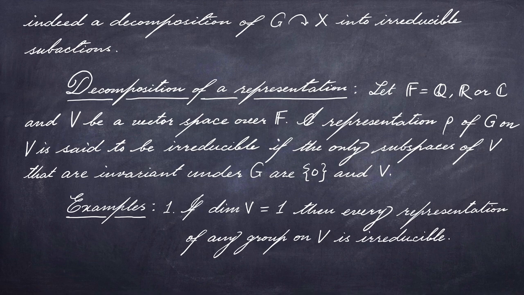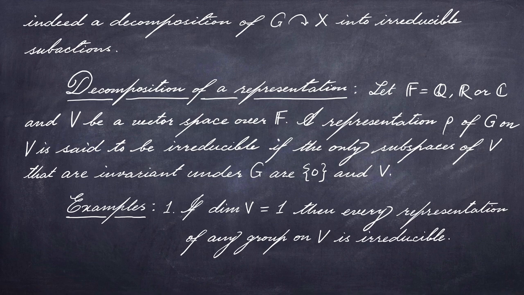So let me first define the meaning of irreducibility in the context of representations. As I said, here we cannot just take G invariant sets, we should insist that it has to be a subspace, and since for any representation these two obvious subspaces are always G invariant, by irreducibility we mean that there doesn't exist any subspace other than these two which is invariant under G. That's exactly what is meant by the irreducibility of the action.